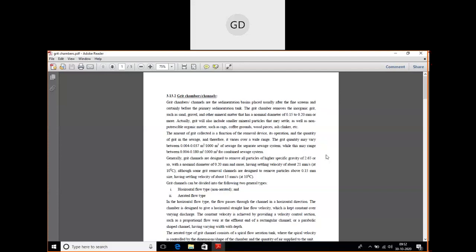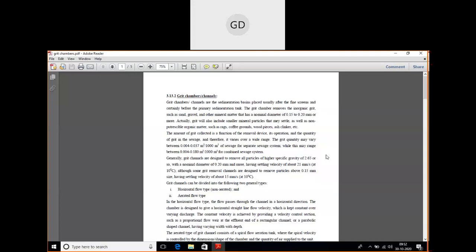This grit also includes smaller mineral particles that may settle, as well as non-putrescible organic matter such as woods and papers.